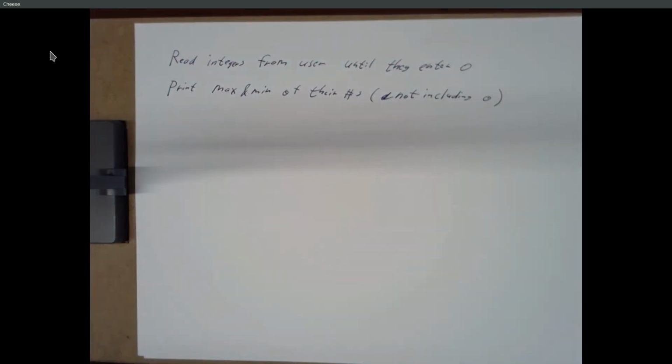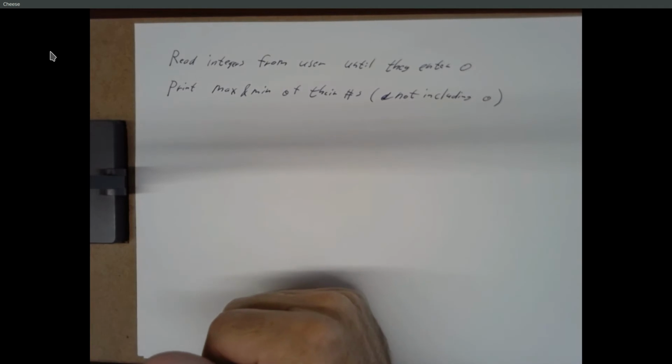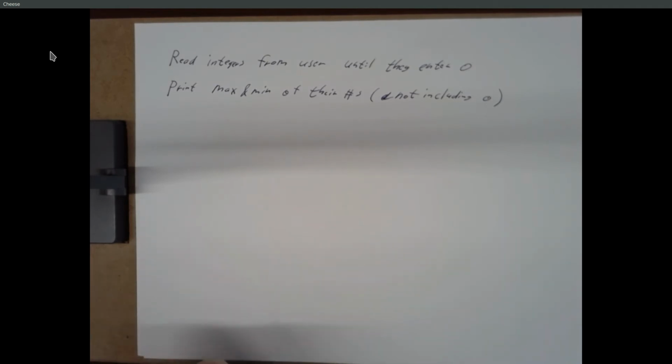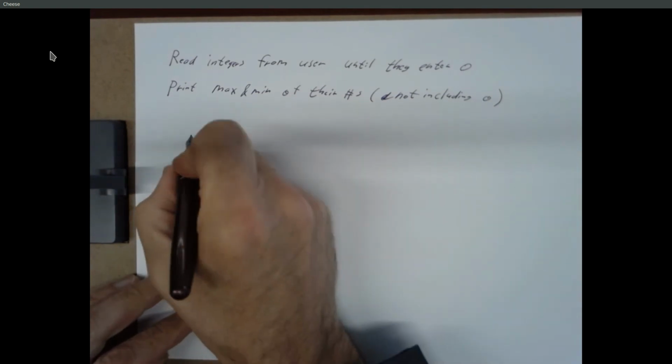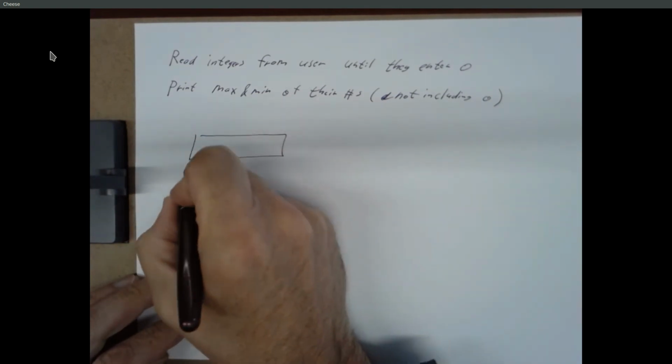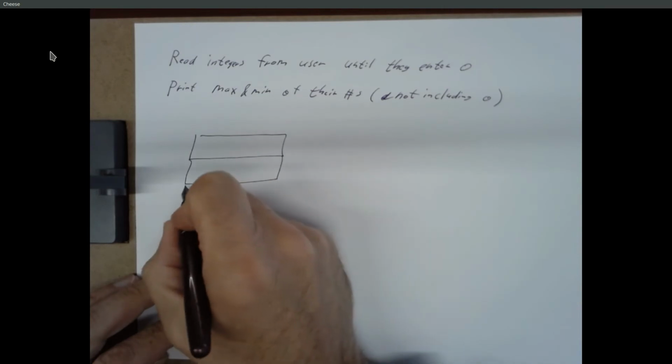So if all their numbers are positive, don't count 0 as the minimum, right? That's not a valid number. That's just indicating that they're done entering. So you're going to read numbers from the user, type a number, hit enter, type a number, hit enter, until they type a 0 and hit enter. And then you want to print out the largest and smallest numbers that they typed in. Okay. And we want this as a structure diagram.